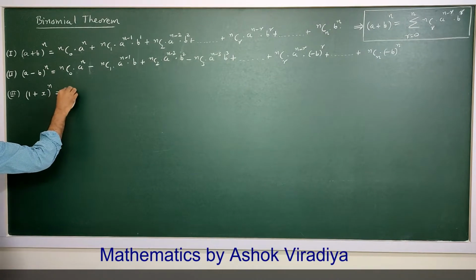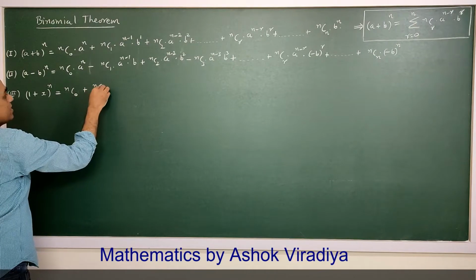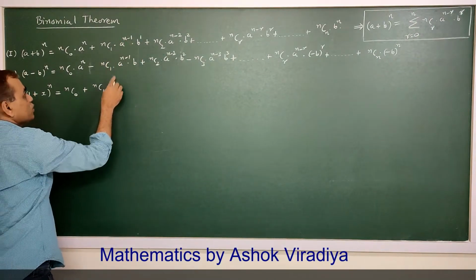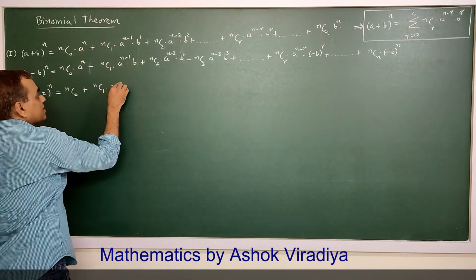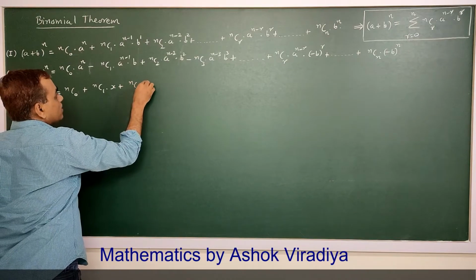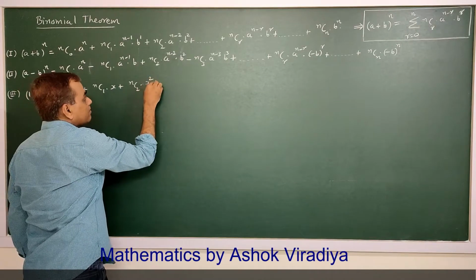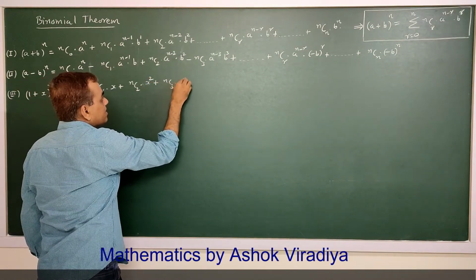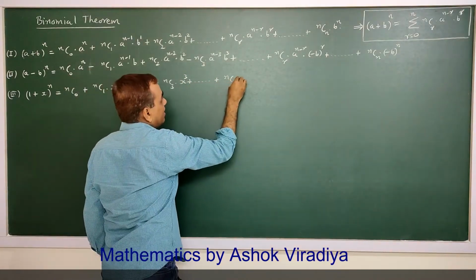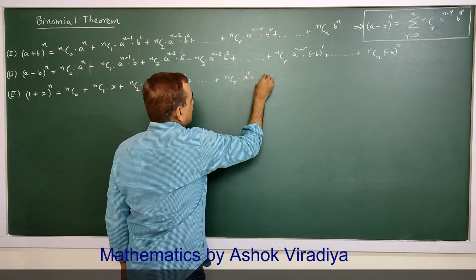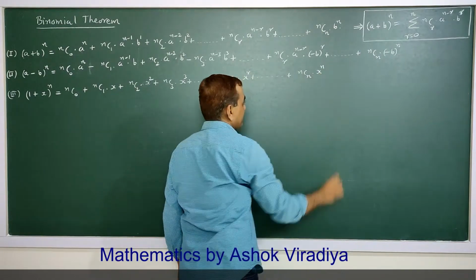Here nC0 times 1 raised to n, which is 1, plus nC1 times 1 raised to n minus 1, which is 1, and b is replaced by x, so it is x, plus nC2 times 1 raised to n minus 2, which is 1, into x square, plus nC3 x cube, plus in general nCr x raised to r, and last nCn x raised to n.